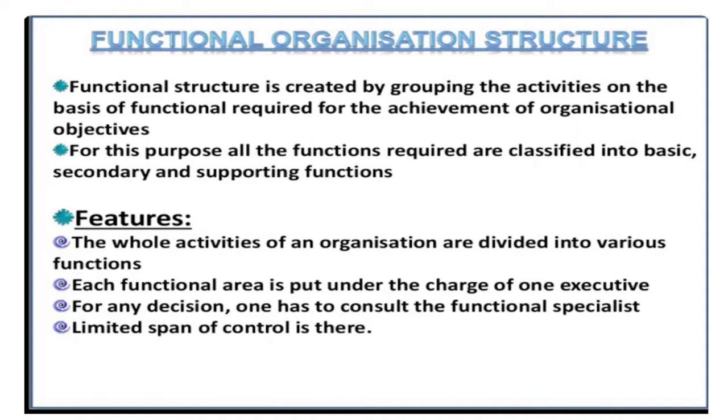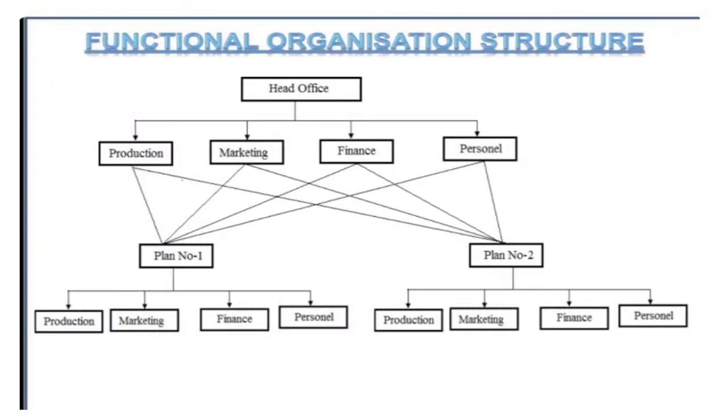So for any decision one has to consult the functional specialist. There is a limited span of control, in the sense that in each department there will be more people, so the span of control will be limited. These are the features.